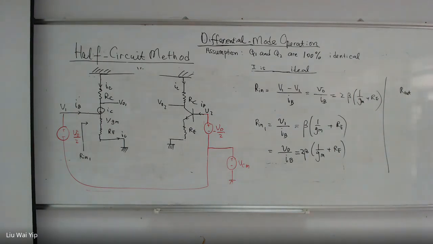First of all, we think about the definition. Output impedance is supposed to be VO1 minus VO2, divided by the output current. The output current is IC, there is no other way around.